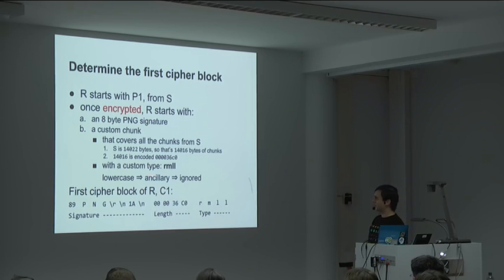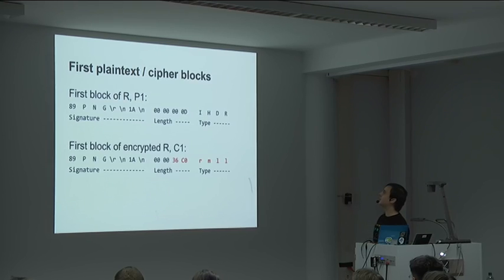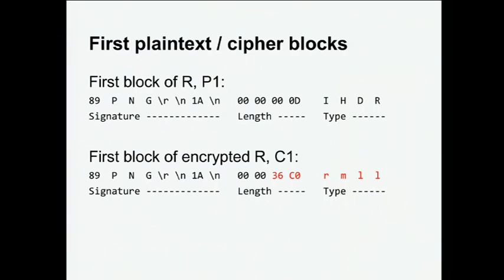And the custom type we'll use just needs to be lowercase in the first letter: RMLL, because that was the name of the initial conference I mentioned. So basically, once encrypted, we want our file to start with this exact block. Now it was starting with this from the Google logo, and we want it to start with this to cover the Google logo data once encrypted.